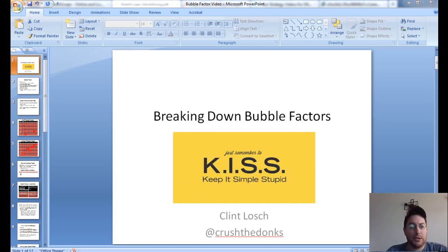It was pretty revolutionary in terms of the topics that it introduced, especially the bubble factors for MTTs and multi-table sit and gos. But one thing that turns off a lot of people when they start talking about bubble factors, especially as it pertains to that book, is that it can become pretty intensive in terms of the math involved in doing the calculations for the bubble factor.